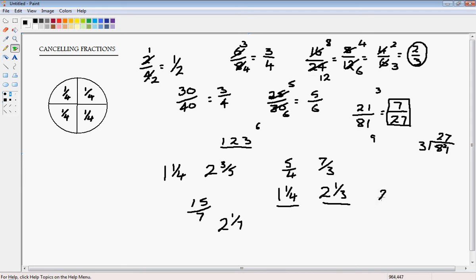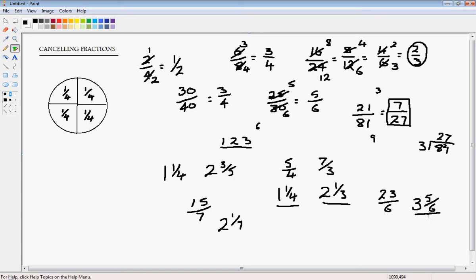Okay, so if I have one more, so let's say I've got 23 over 6. Now I know 6 goes into 23 3 times, because 3 6s are 18, and that leaves me 5 left over. So I've got 5 of these 6 left over.